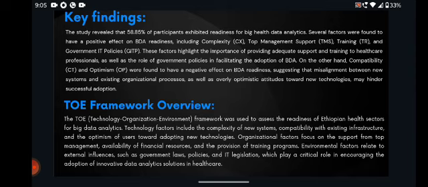Organizational factors focus on the support from top management, availability of financial resources, and the provision of training programs. Environmental factors relate to external influences such as government laws, policies, and IT legislation, which play a critical role in encouraging the adoption of innovative data analytics solutions in healthcare.